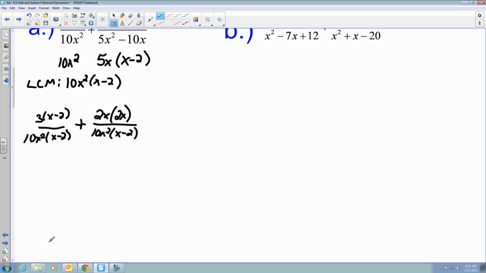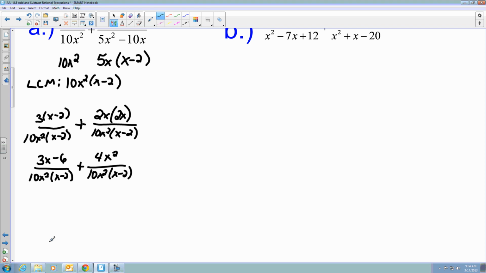So what I'm going to do now is distribute here. So I got 3x minus 6 divided by 10x squared times x minus 2, plus 4x squared divided by 10x squared times x minus 2.